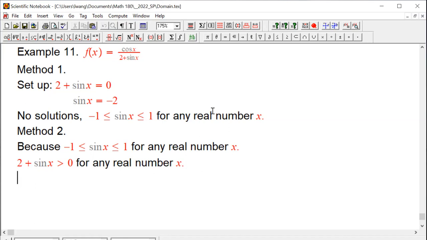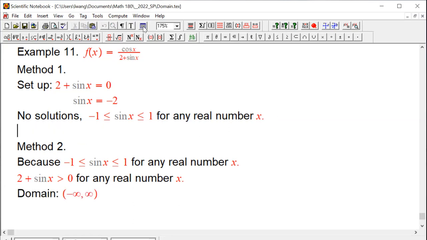And therefore, the domain is what? All real numbers. No number needs to be excluded. That's the same as the earlier interpretation: no solution means that the domain is all real numbers, meaning no number needs to be excluded.